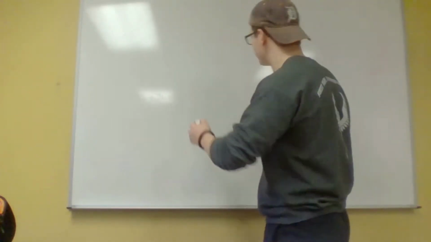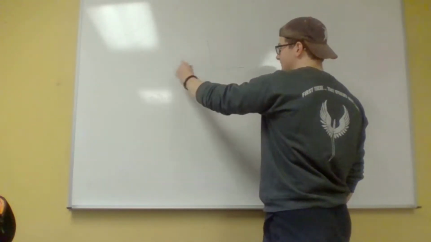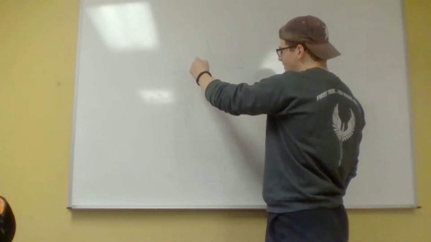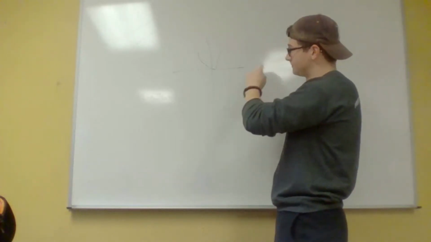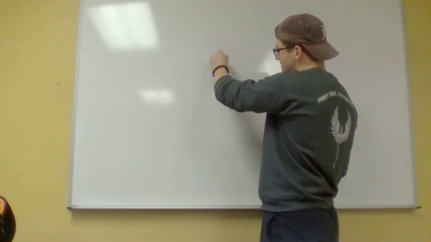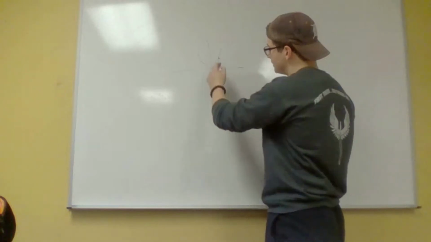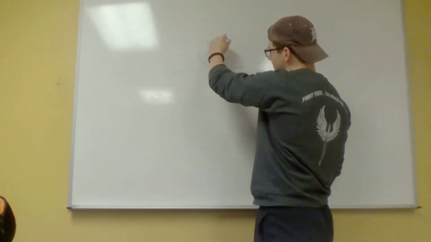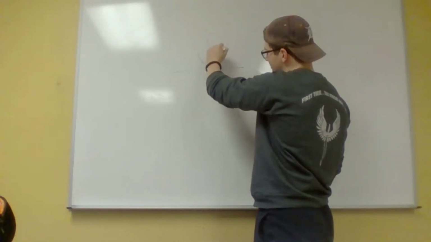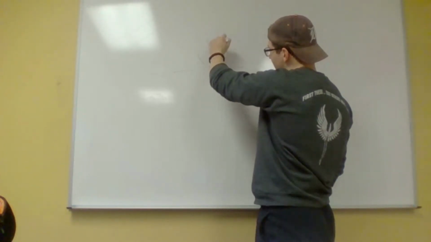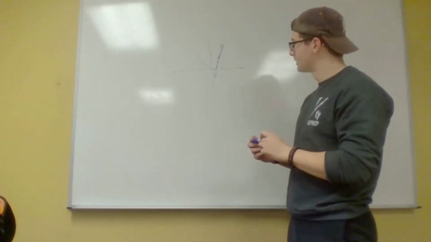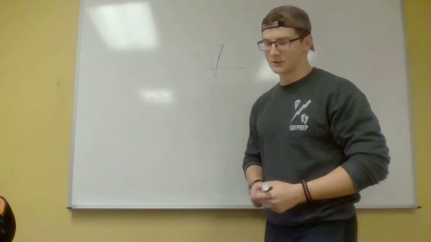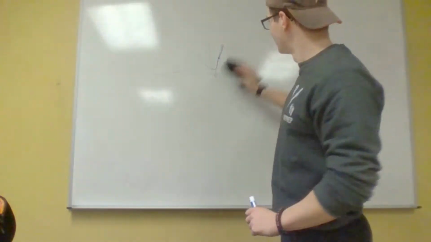So if you have a curve, like something like that, and let's say at this point here, the slope of this line at that specific point would equal its derivative. I'm not going to go super into that right now.